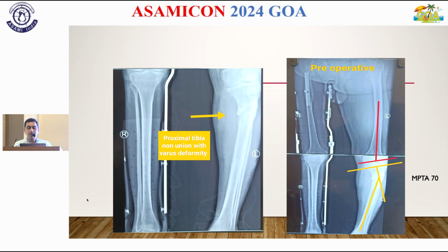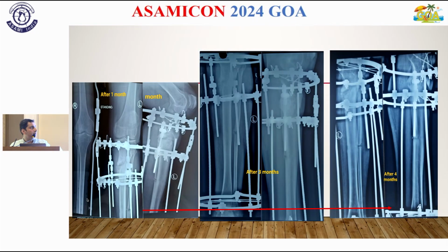So these were the preoperative X-rays of the patient, and we did a fibular osteotomy followed by gradual stretching of the non-union site. This is the progress, and you can see the deformity correction as well as the callus appearance.